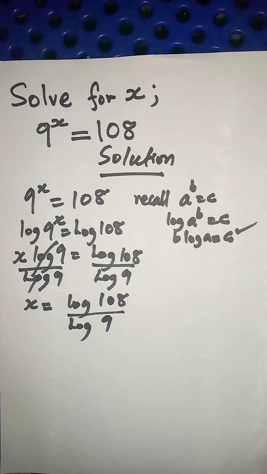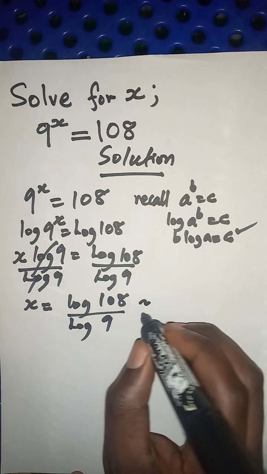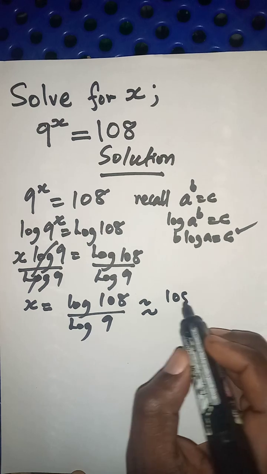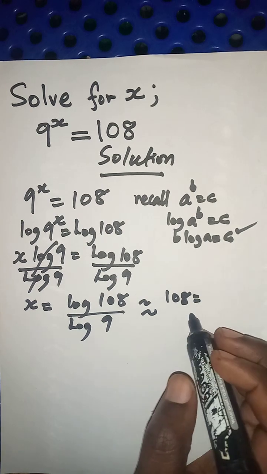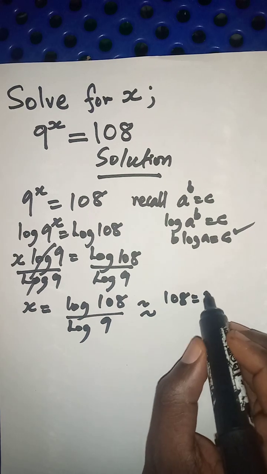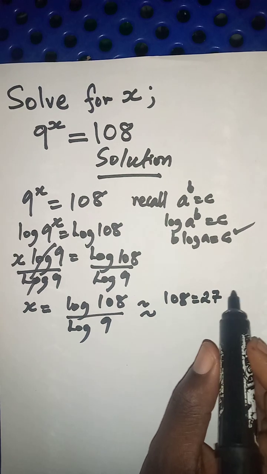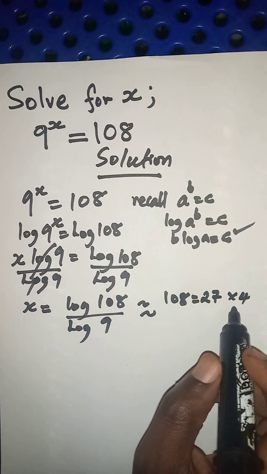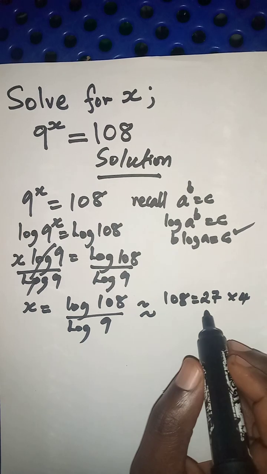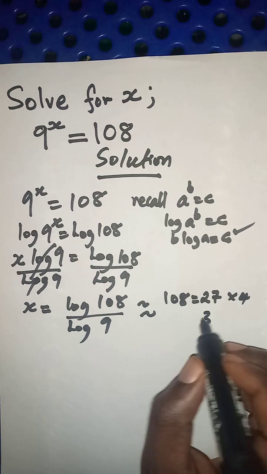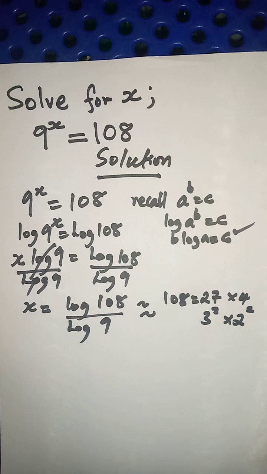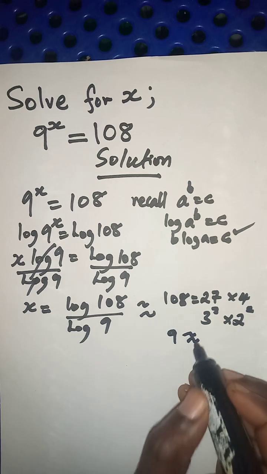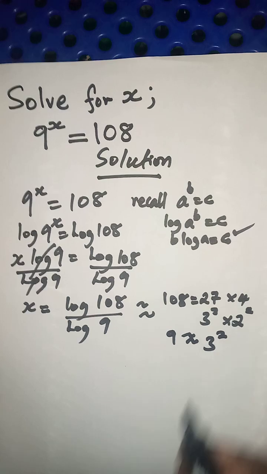So the next stage that I'm going to do, I'm going to write 108 in terms of its factors. I know 108 can be written as 27 times 4, which can be further simplified as 3 raised to power 3 times 2 squared, and 9 can be written again as 3 squared.